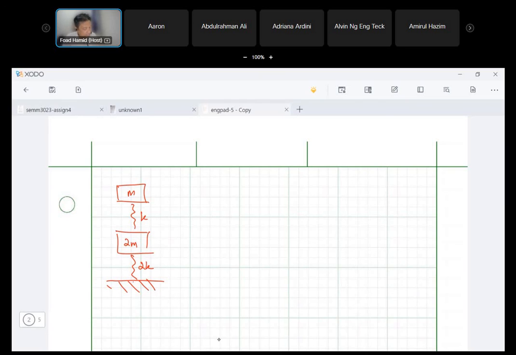Some of you did the free body diagram like this: K, and then this is Kx1 minus x2, this is M1, or 2M, M2, mass number 2, and then this is Kx1 minus x2.